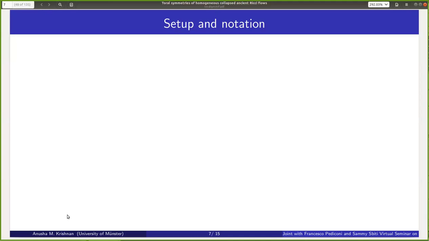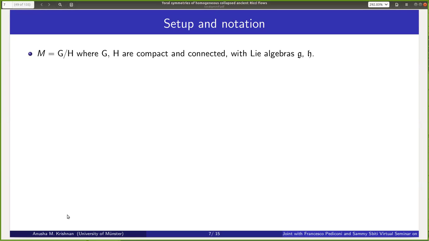So first, I need to introduce some notation. Probably you are familiar with most of this, but I just want to set the notation. So G mod H is our homogeneous space. G and H are assumed compact and connected, and we denote by these Gothic letters the corresponding Lie algebras.